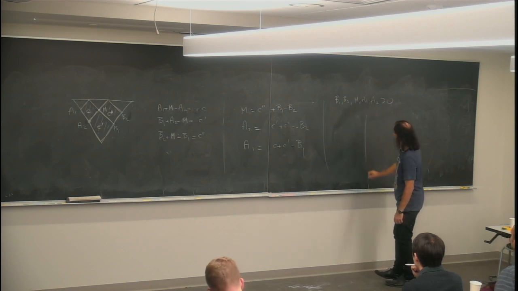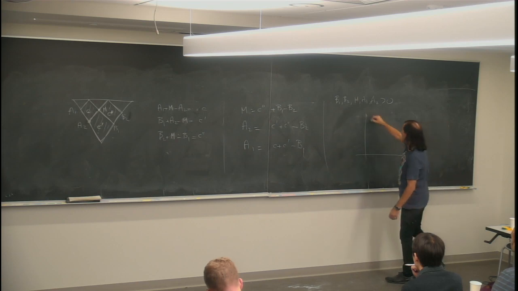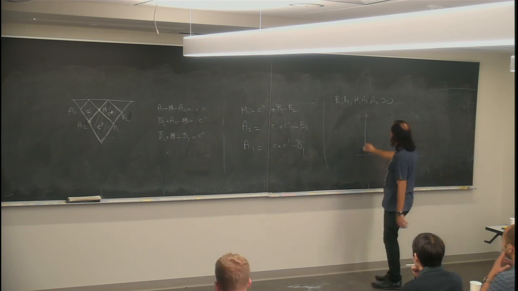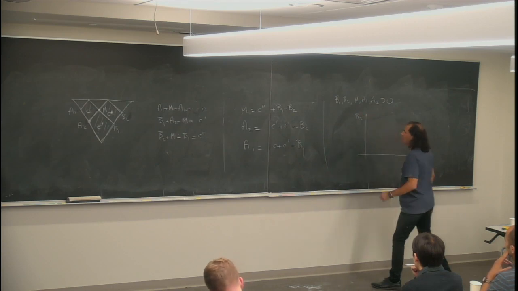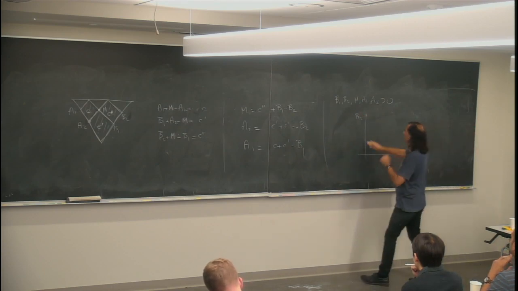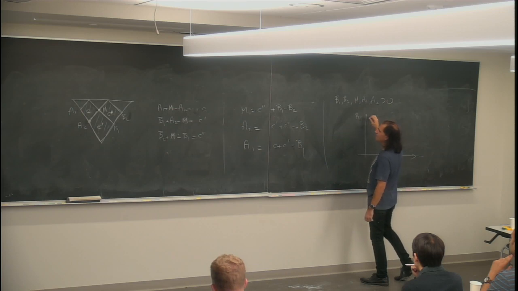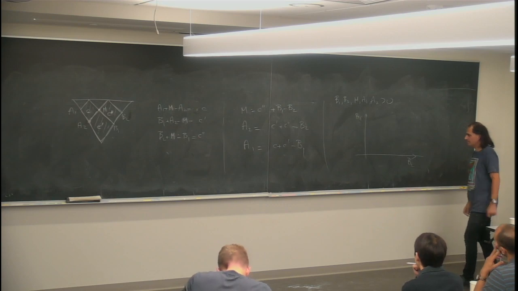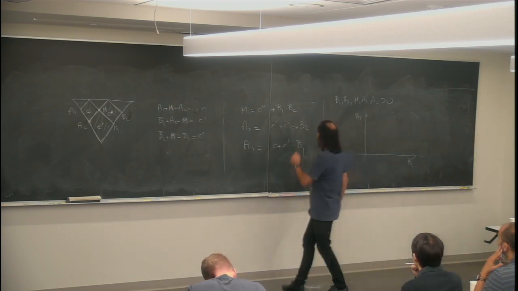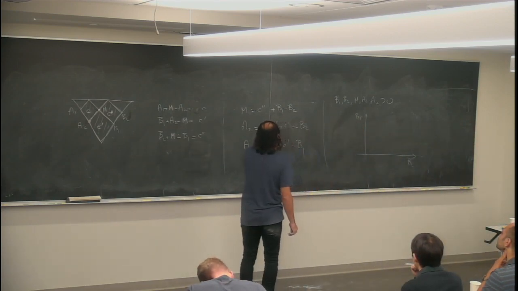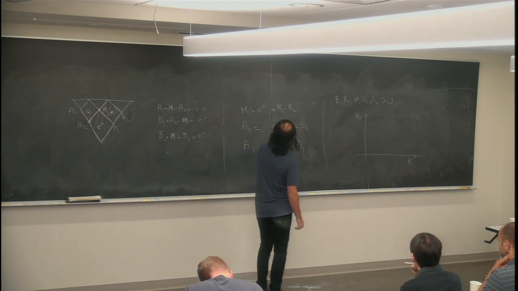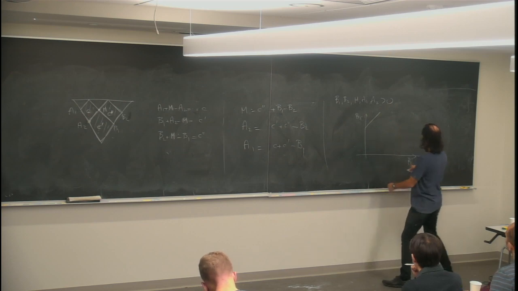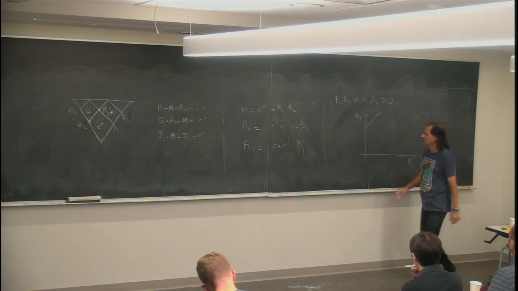So what does this look like? Here's B1, B2 space. The top equation tells me, first, B1 and B2 are positive, so we're on this side.